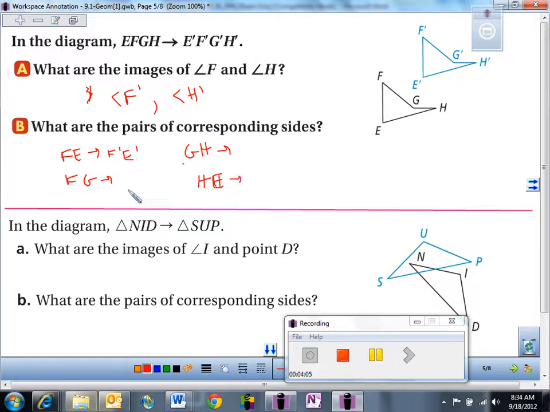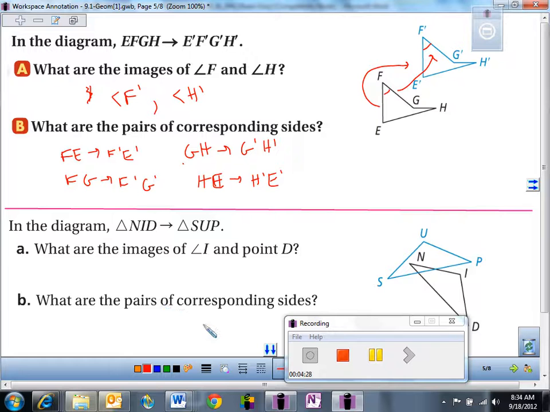So FG goes to F prime G prime. GH goes from G prime to H prime, and HE goes from H prime E prime. So that's the corresponding side. So this side turns into that side. This side turns into that side. So they correspond. We would also have corresponding angles where F and F prime would end up being the same.